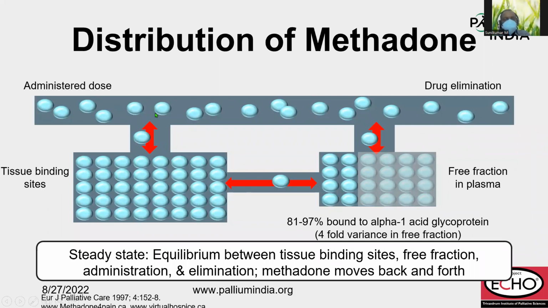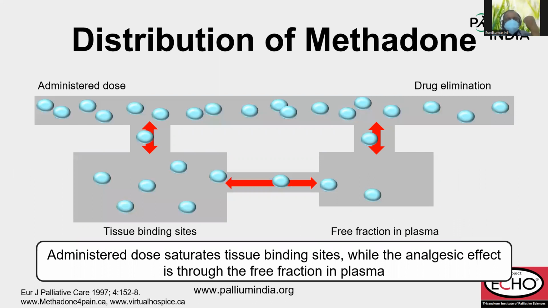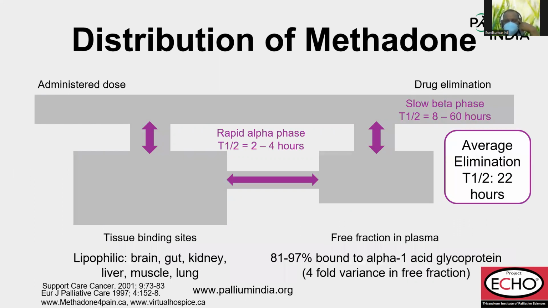For the first few days, there will not be much free methadone in the blood, and that may not give pain relief because of that. After 5 to 7 days, which is the time required for the tissue binding sites to get saturated, the free fraction will be liberated into the blood.